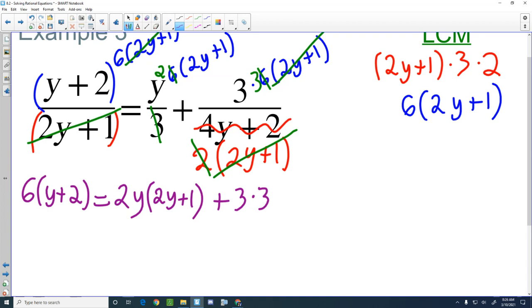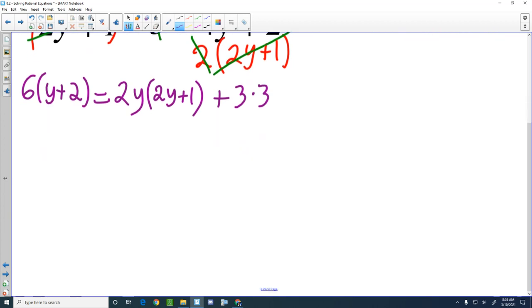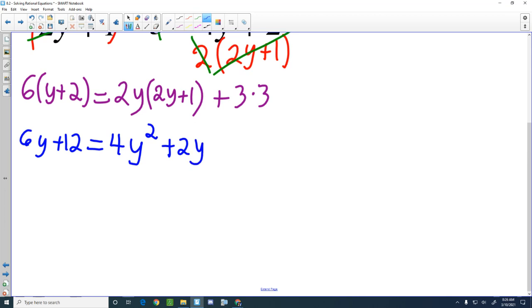Once we have the line in purple, the equation without any denominators, just distribute, combine like terms, and then solve for y. 6y + 12. Be careful with this middle one. 2y times 2y is 4y squared, plus 2y. And then 3 times 3 is just 9.